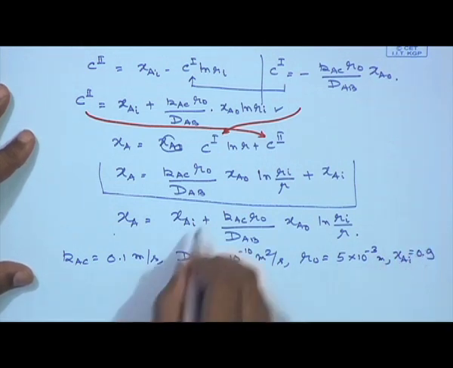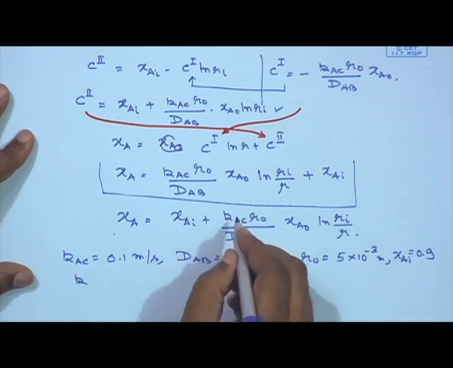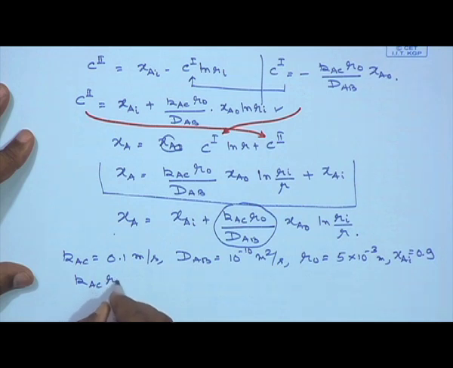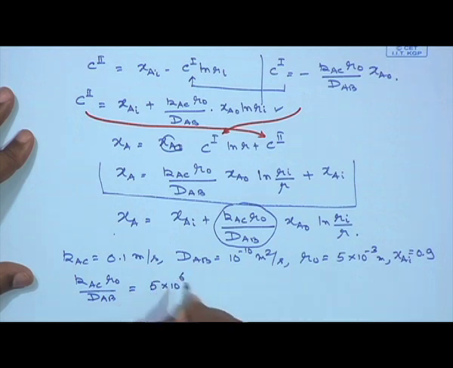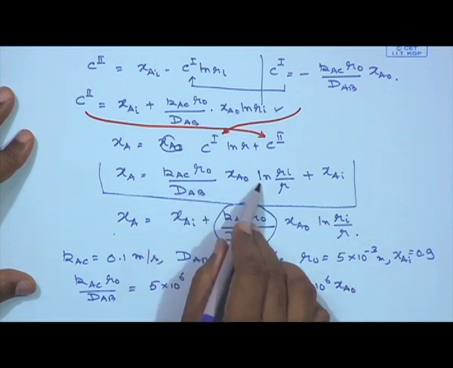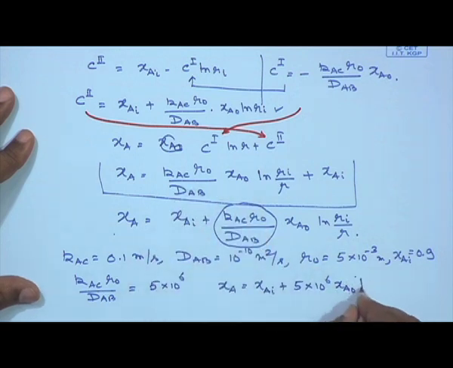So, when you plug in the numbers, Kac R naught by dAb will be equal to 5 into 10 to the power 6, which would give you XA to be equal to XAI plus 5 into 10 to the power 6 XA naught ln rI by r.